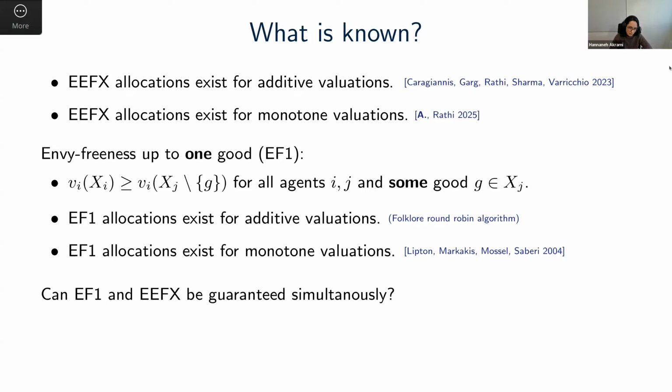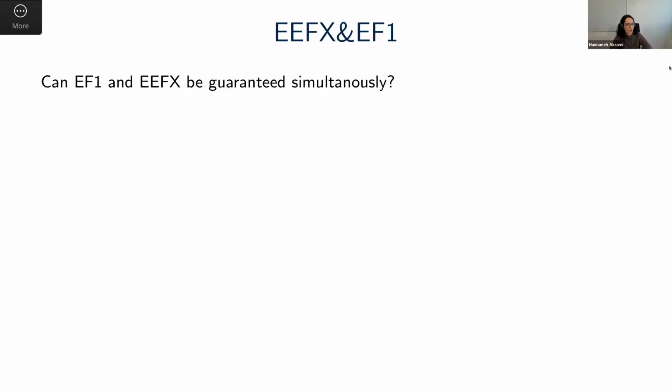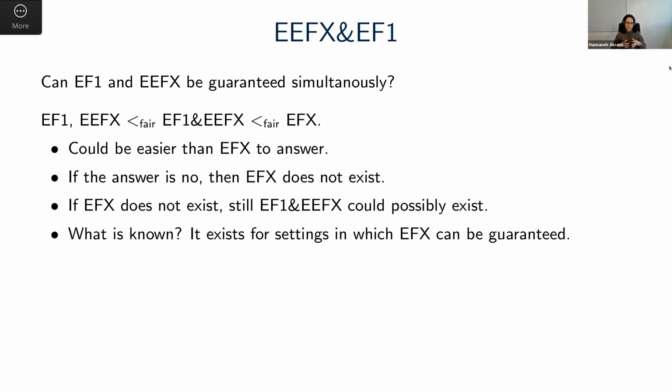Before giving you the answer to this question, let me first discuss why this question is interesting or important at all. EF1 and epistemic EFX individually are clearly less fair than having both of them at the same time. And having both of them at the same time is less fair than having EFX, because both of them are weaker than EFX, and therefore EFX implies both of them.